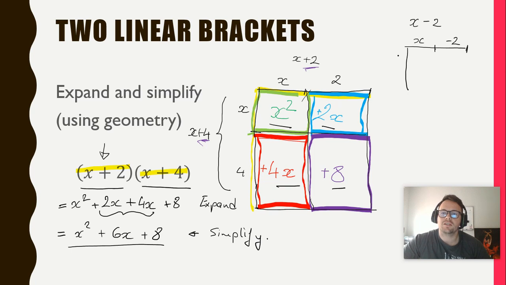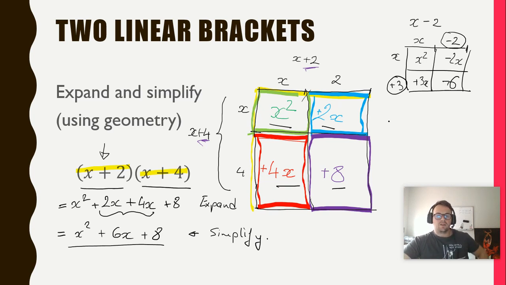If you multiply it by x plus 3, then you simply have minus 2 times positive 3, which is negative 6. Then x times negative 2 is minus 2x. x times x is x squared. x times positive 3 is positive 3x. So the result is x squared minus 2x plus 3x minus 6. Then you just have to simplify it. I leave the simplification to you.